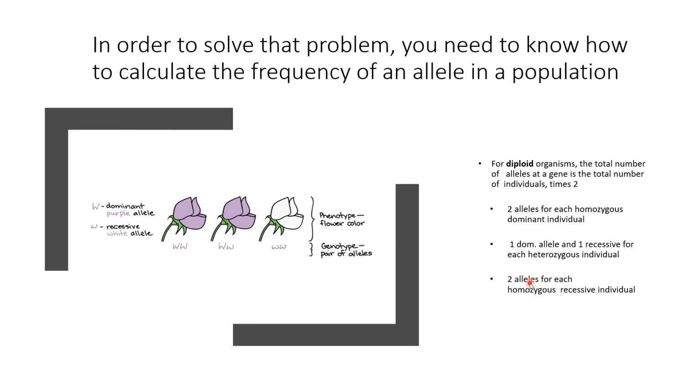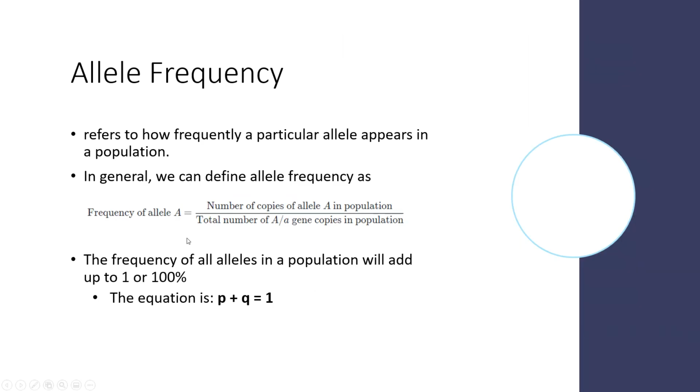And so we can start to add this all up and calculate frequencies. To do this, you can use this equation right here. Let's say we're looking at the dominant allele.